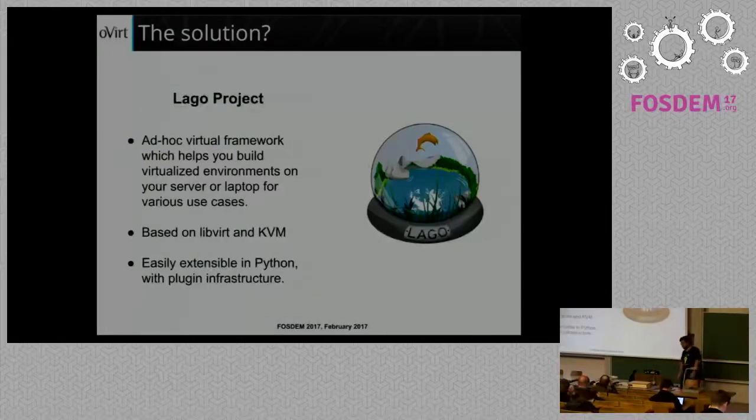And now we talk about the solution we found to make testing and deployment and verifying of patches easier. That is the Lago project. It is basically an ad hoc framework for virtualization that can build environments for you using libvirt and KVM.